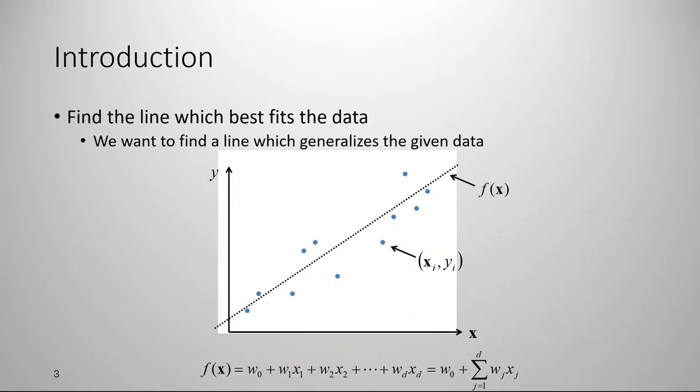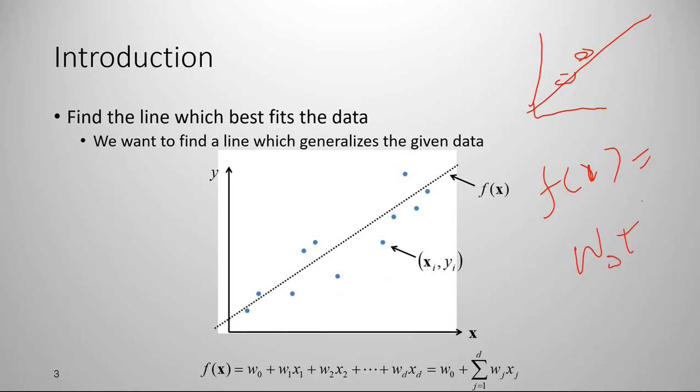Because there are multiple points, we represent this as a function. Earlier you have seen this kind of graph where 2 points were given, and you represented them by a simple line equation, where f of x is equal to w0 plus w1 x1.